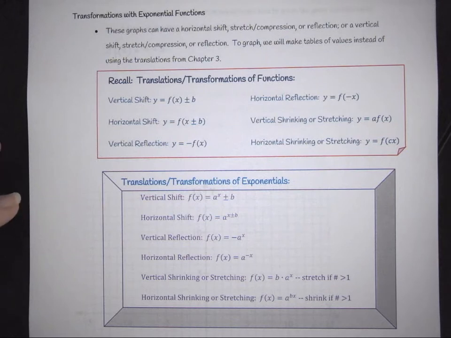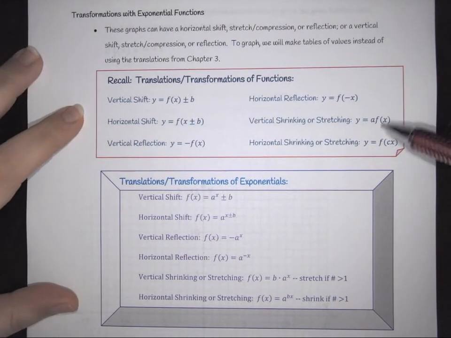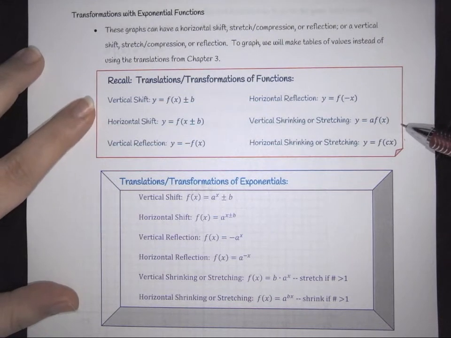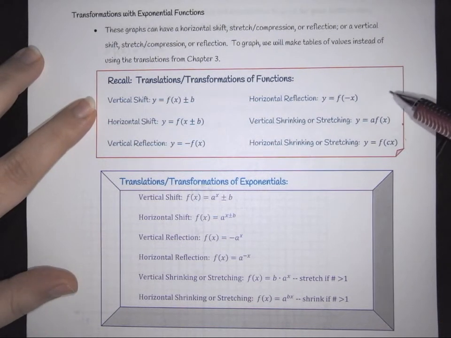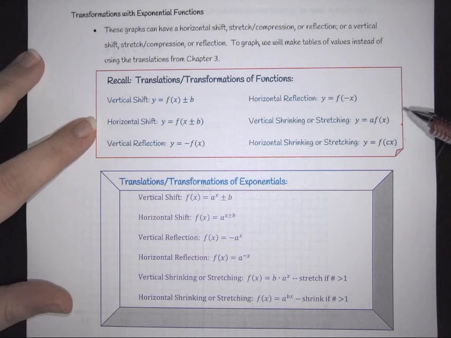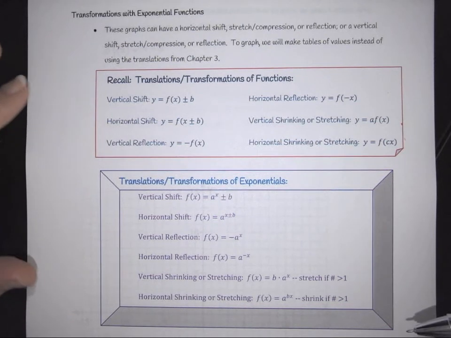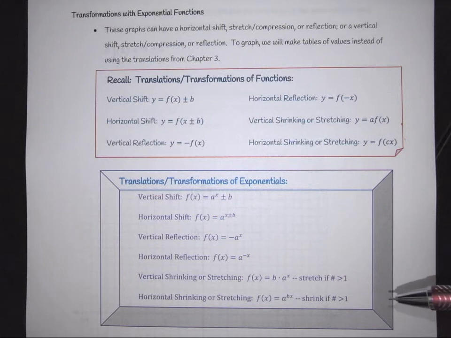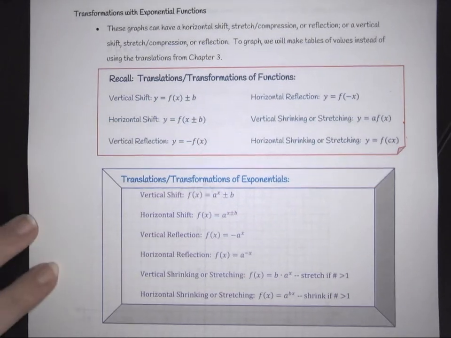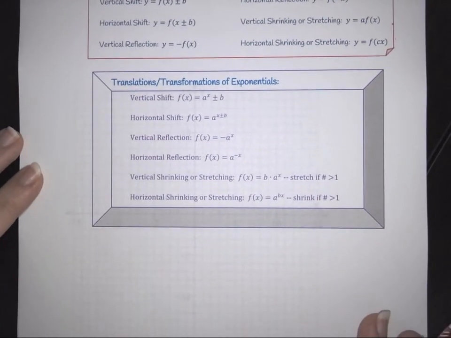When you deal with transformations for normal functions, we have these 6 rules, where we have vertical and horizontal shifting, vertical and horizontal reflections, and then vertical and horizontal stretch or compress. And with this, we can apply that to your exponentials.